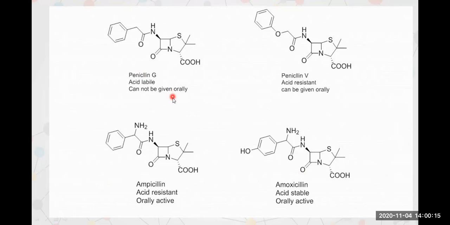This understanding is important because in an objective type question it may be asked why penicillin G is acid unstable, or which of the following is acid stable and which is acid unstable. So you should be clear with this understanding. Okay, any questions?